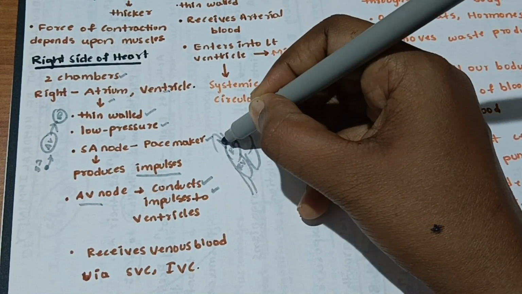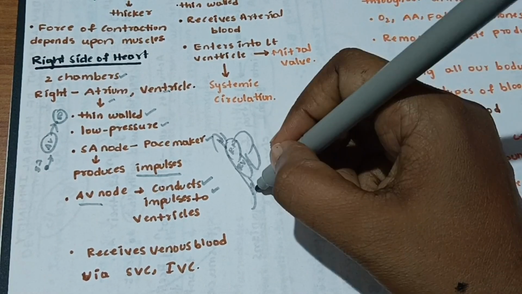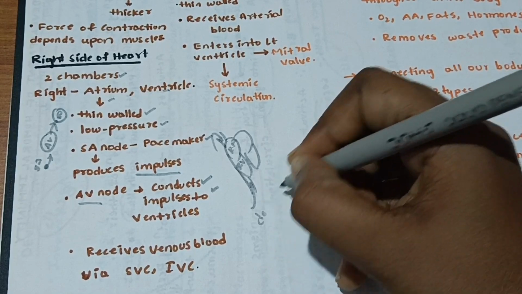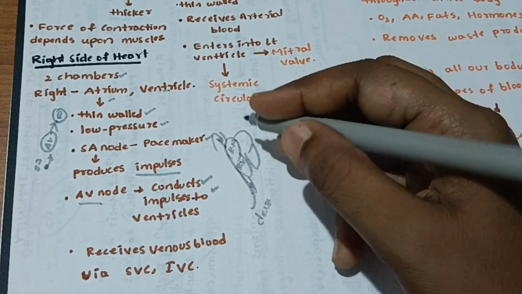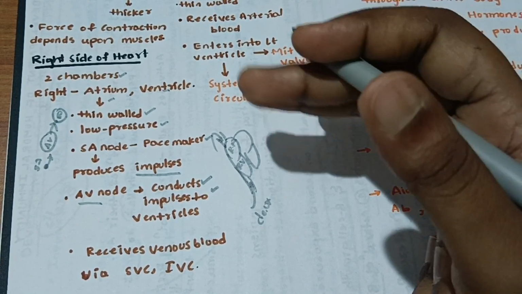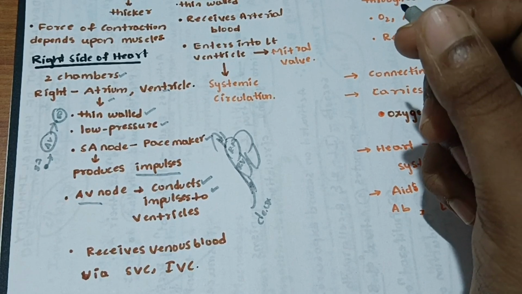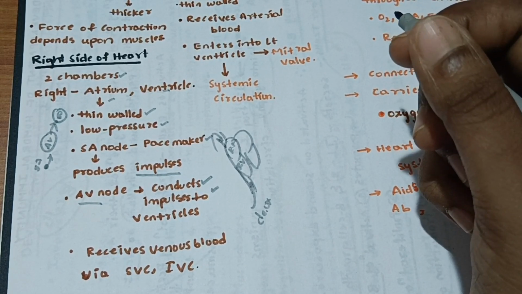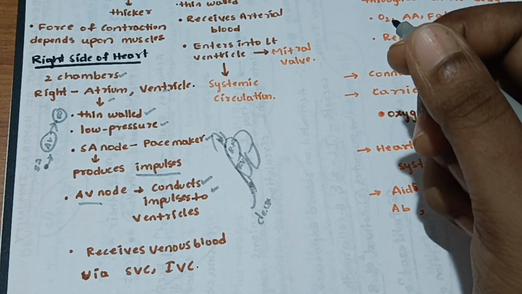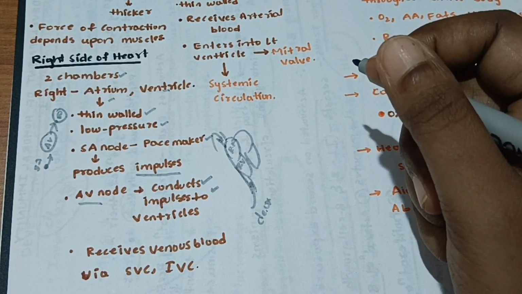From the upper body, the limbs and the abdomen, we are getting deoxygenated blood, that is venous blood, into the right atrium through the superior vena cava and inferior vena cava. The superior vena cava brings blood from the upper body, whereas the inferior vena cava brings it from the abdomen and the lower limbs.